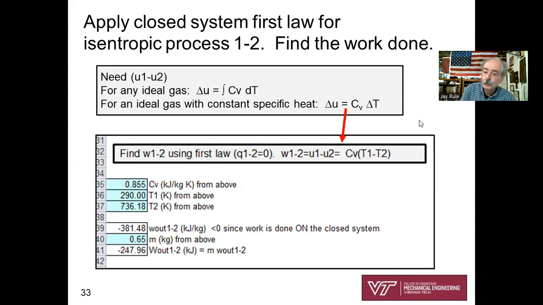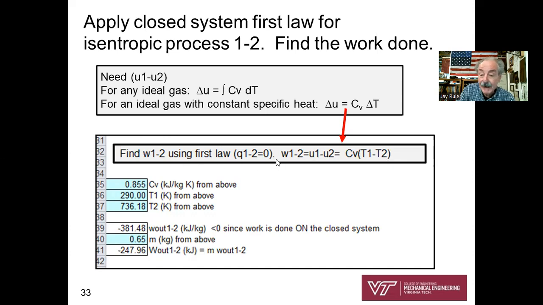Next, we're going to use the first law for process 1 to 2. I hope you're seeing the repetition. Process 1 to 2 is reversible and adiabatic. Wow, that's handy. Adiabatic, Q is 0, which makes the first law easy. So Q minus W equals U2 minus U1, and W from 1 to 2 is simply U1 minus U2.